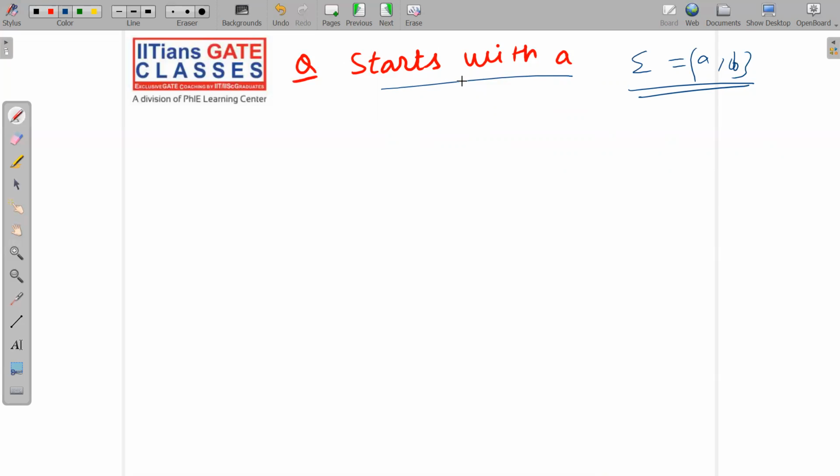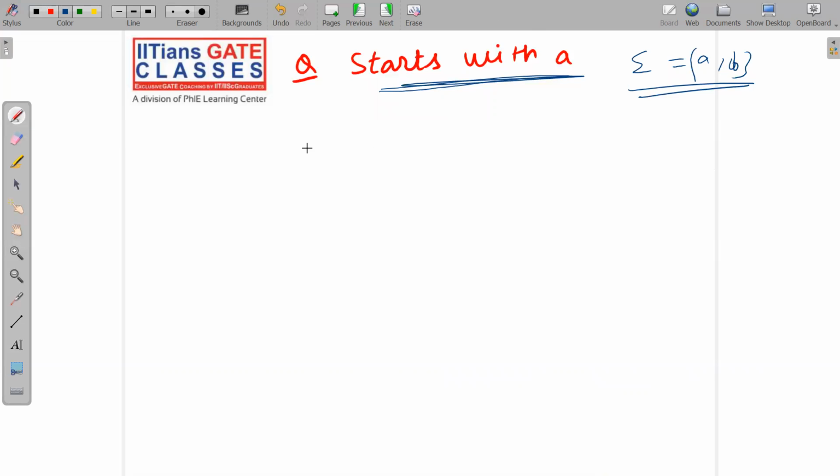Please pause and note it down, I'm dictating: construct a regular expression which represents all those strings over a and b which start with a. This is the actual question. In shortcut I have written 'starts with a'.